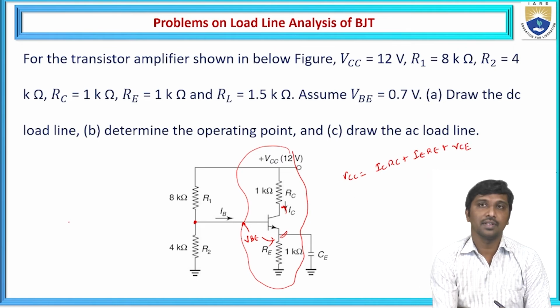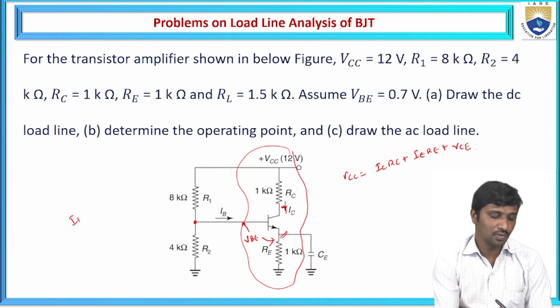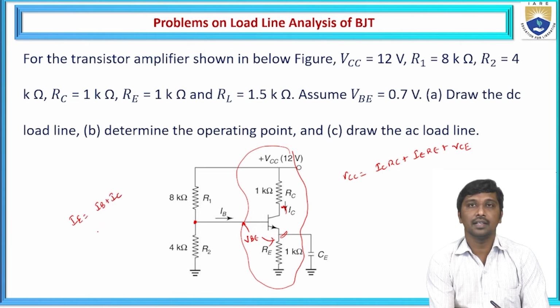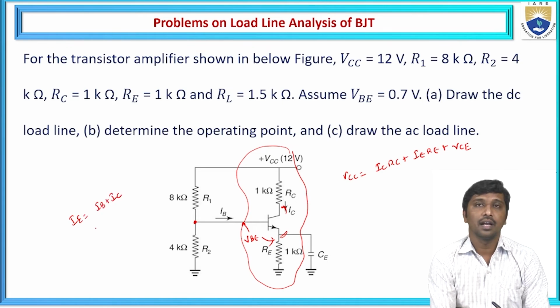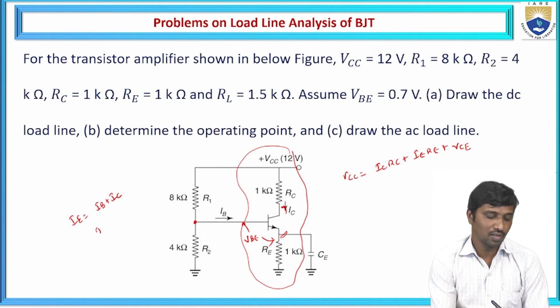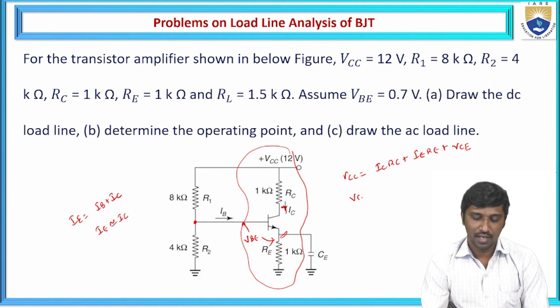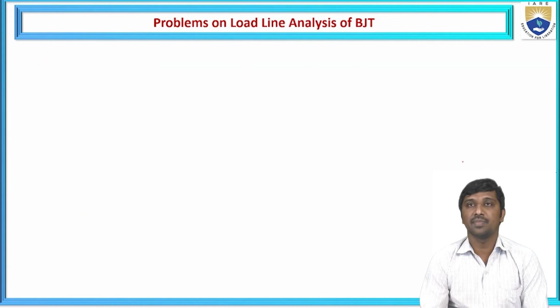And generally for the transistor, we know that IE is equal to the summation of base current and collector current. Based on the construction principle, the base width is very small, hence the base current is very small, and IE is approximately equal to IC. So for this case, I write IC times RC, with IE replaced by IC times RE, plus VCE. From this, we need to determine the VCE parameter.